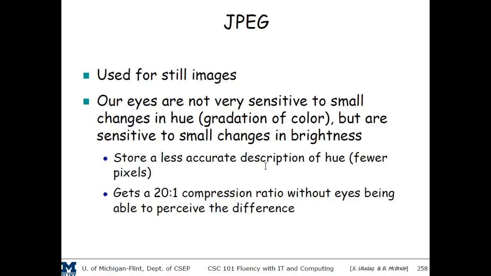By discarding small changes in hue, we have fewer pixels to save in the image data, and we can get as much as a 20-to-1 compression ratio without us even being able to perceive the difference between the full color image and the JPEG image.